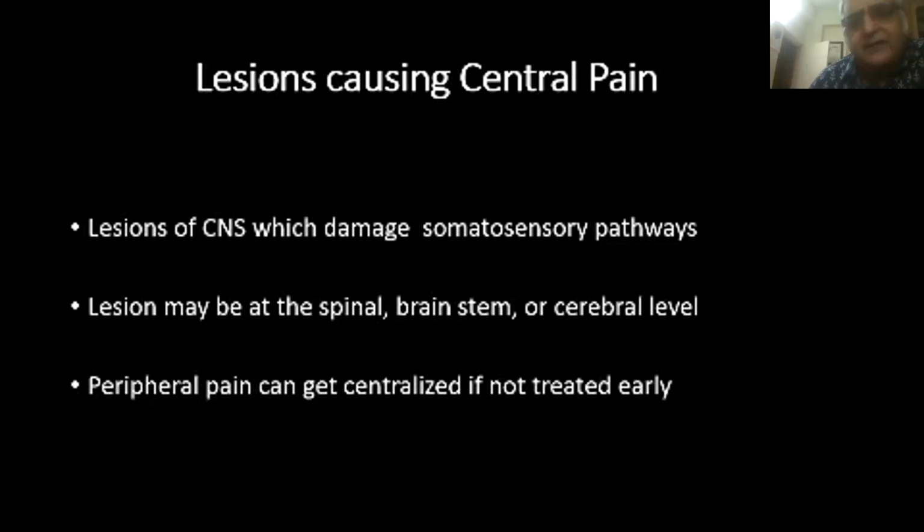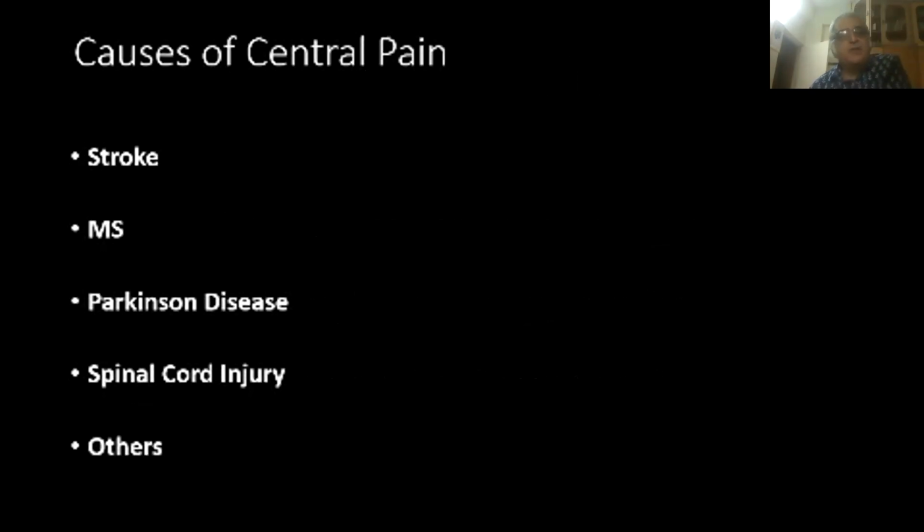If the lesion is not in this route, they will not get central pain. But if they are in this route, they will get central pain. And as I already said, peripheral pain can also get centralized if not treated early, because many times these circuits become self-reverberating, and even when the peripheral cause is gone, the central component continues. I'll come to it a bit later, but that's very interesting.